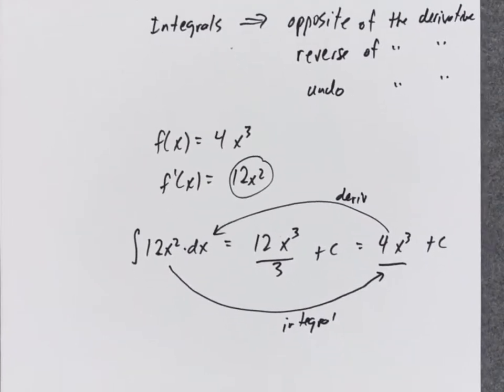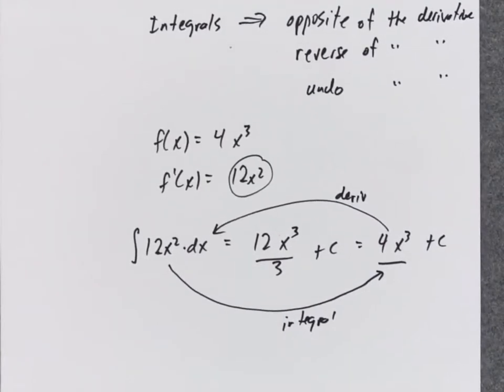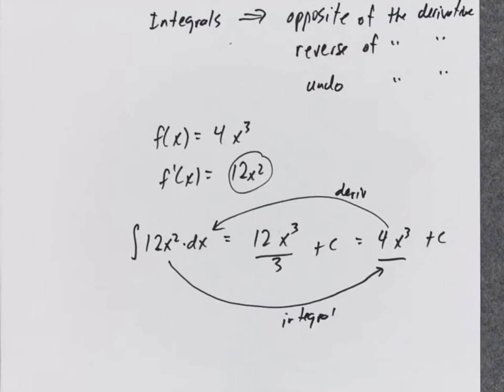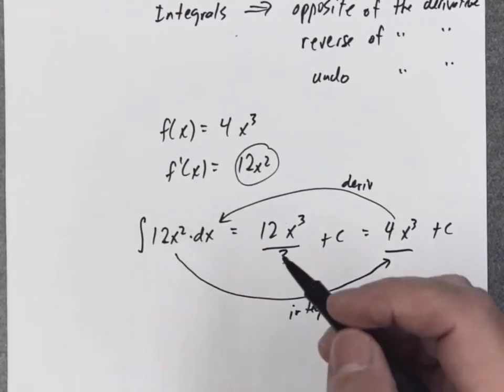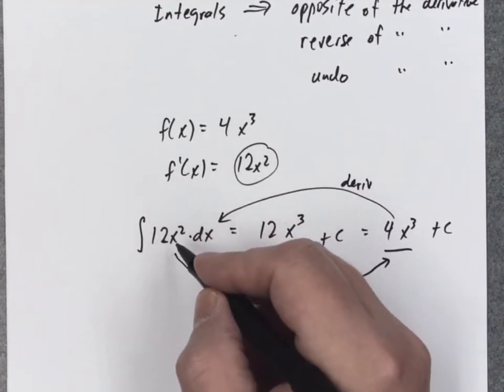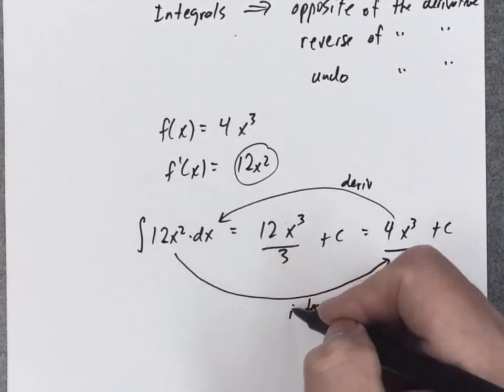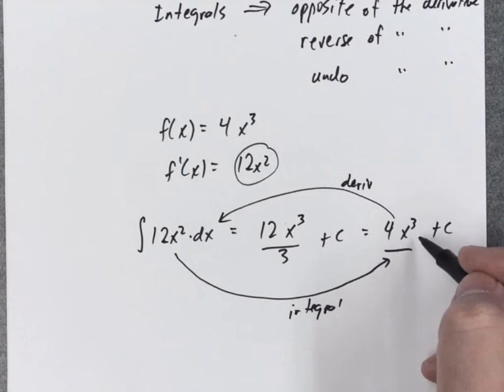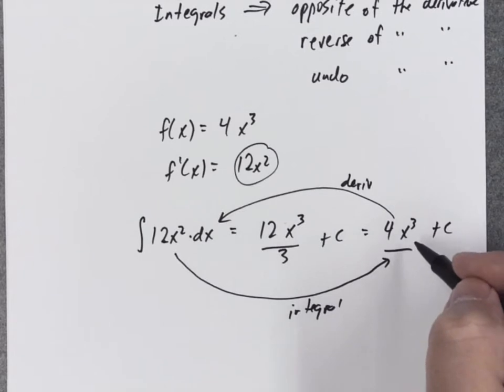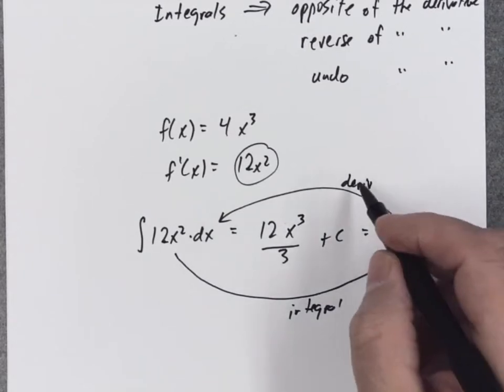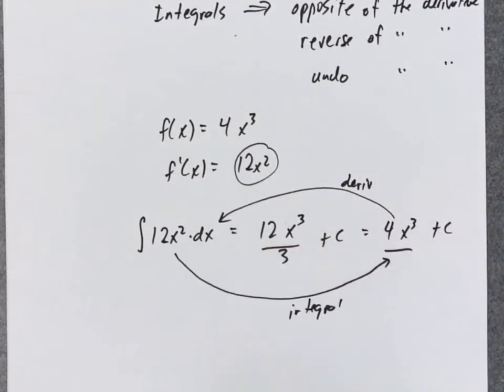Now here's what's interesting, especially when you have to do problems where you have to take the integral. You know what you can do? If you're given this problem and you're asked to take the integral, then this is your answer. If you want to check and make sure you've done it correctly, you can take the derivative of your answer and you better get back what you started with.